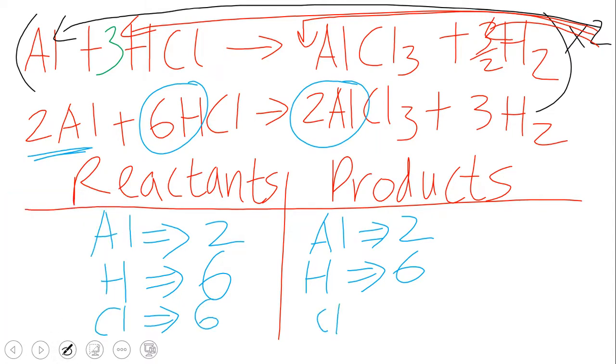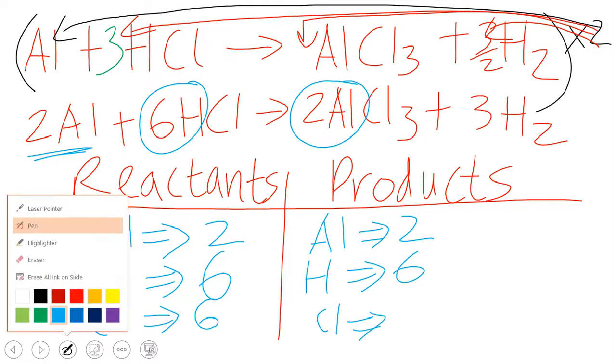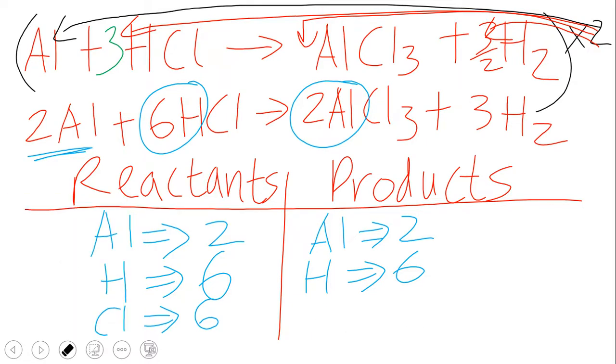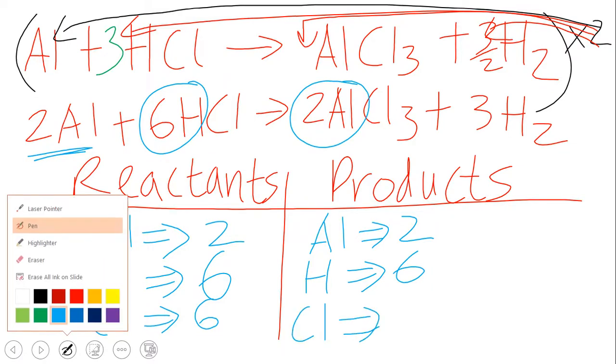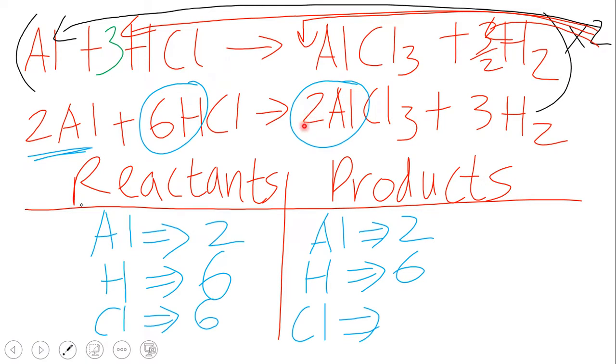And for Cl on this side, let's see, well, 2 times 3 is 6. So we have 6 for the Cl. And so that means that our chemical equation is definitely balanced, right?